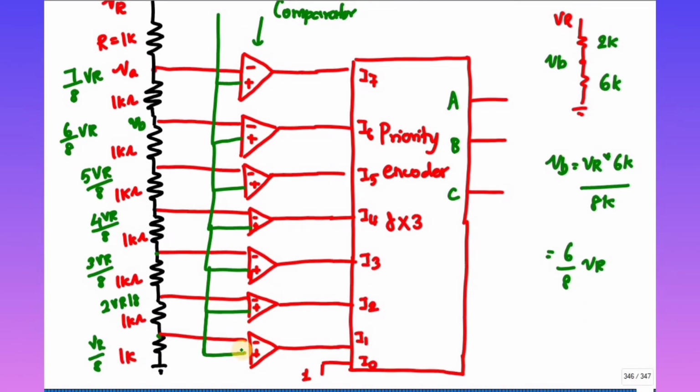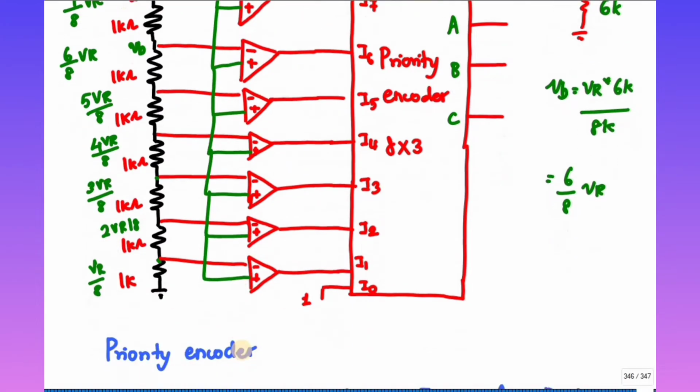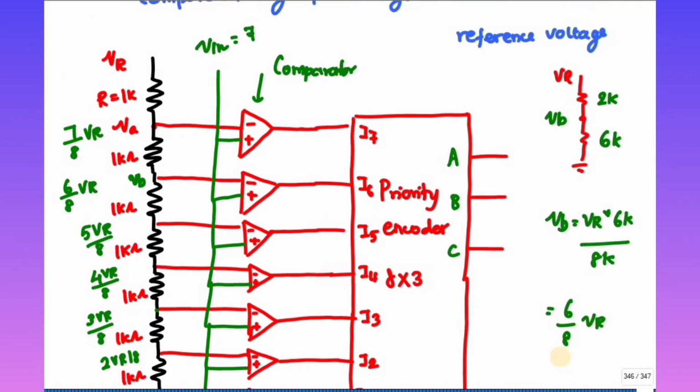We know that whenever the V plus signal is greater than V minus, you will get positive V saturation. Whenever V plus is less than V minus, you will get negative V saturation. That is, this is a positive volt and this is a negative volt. I'm going to take this VR as equal to 8, since the denominator is 8.